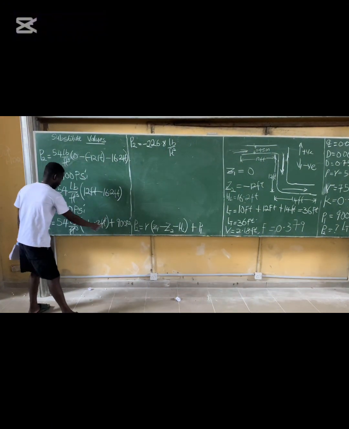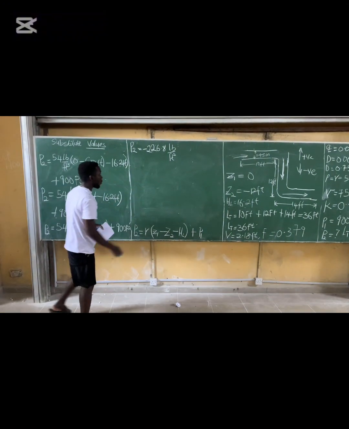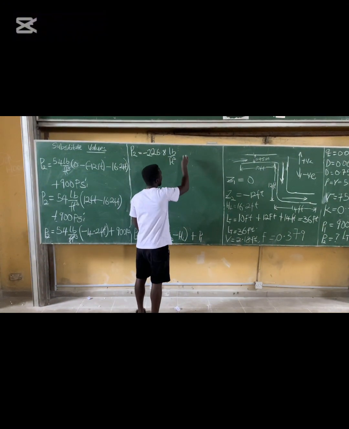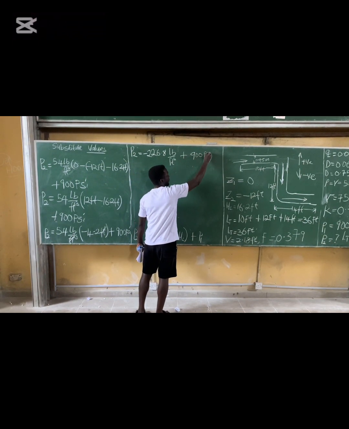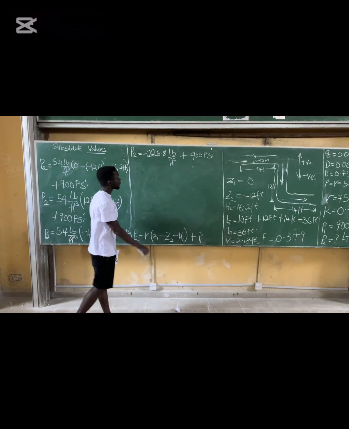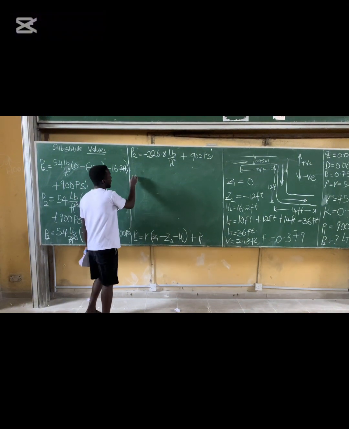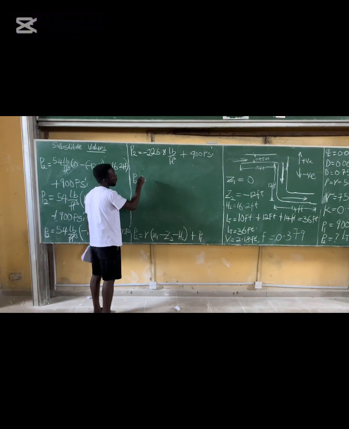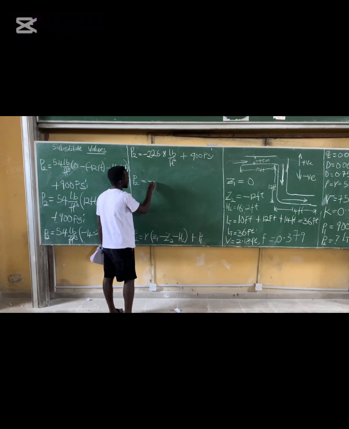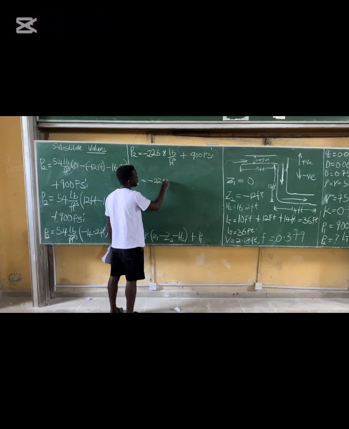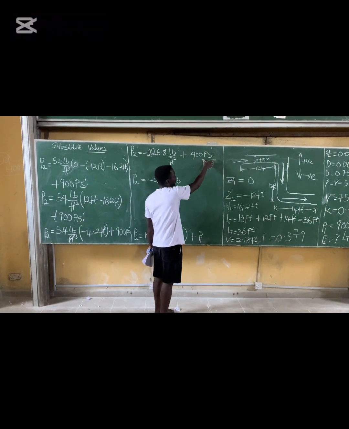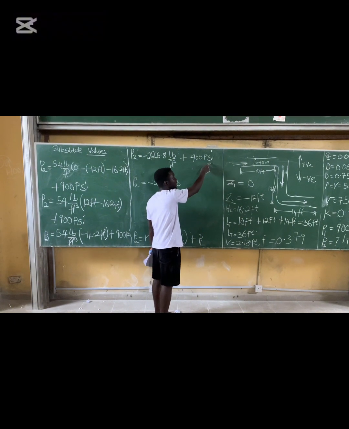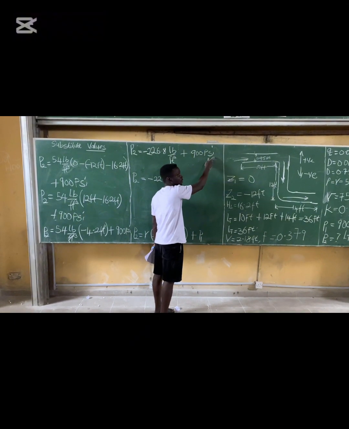Note that the feet here cancel out a foot from here. So pounds per foot square plus 900 psi. Now P2 will be equal to minus 226.8 pounds per foot square. Remember, 900 psi. Psi in full is what? Pounds per square inch.